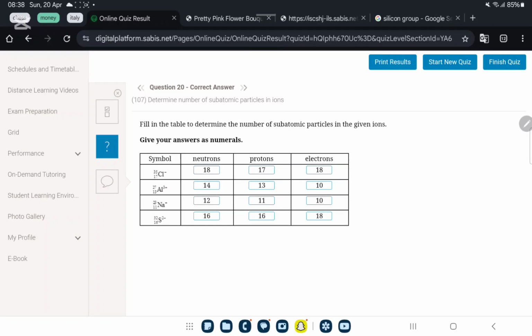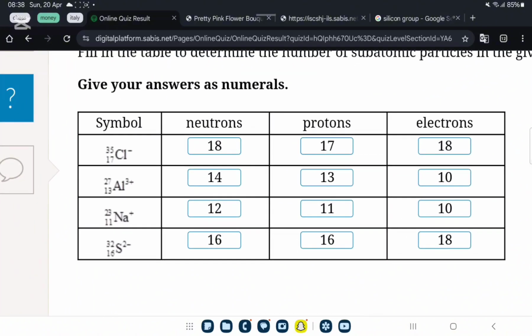Fill in the table to determine the number of subatomic particles in the given ions. Here, without looking at anything, just looking at the symbol, I'm going to do protons first. Here, the number down: 17, 13, 11, and 16. So Cl has 17 protons, Al has 13 protons, Na has 11 protons, and S has 16 protons.